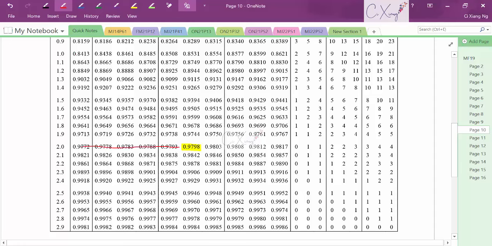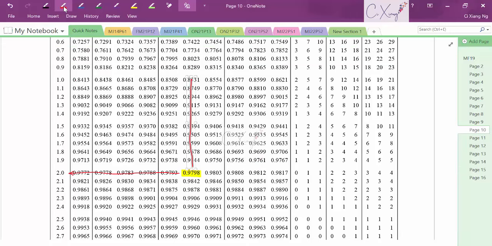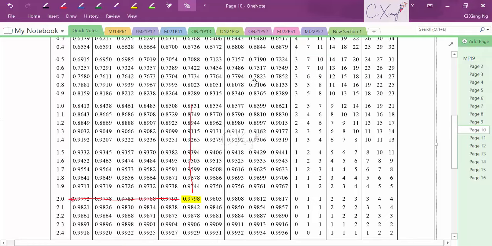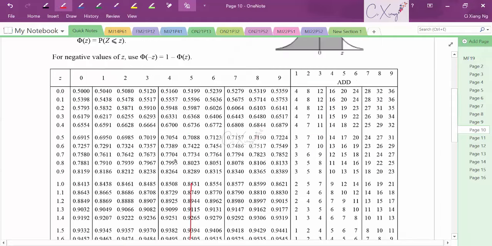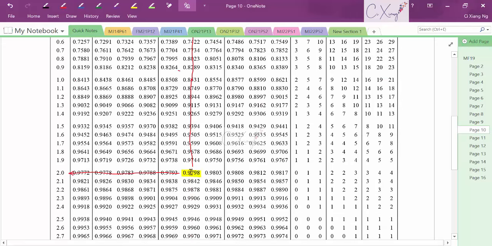So the answer is Z equals 2.0, and then the value on top here will be, what's the value? 5, right? Yeah, 5.